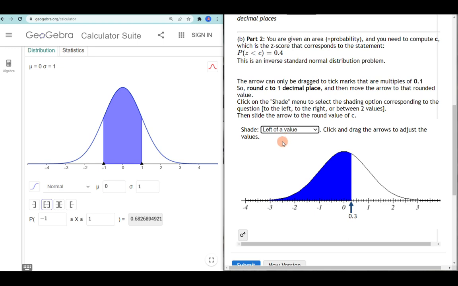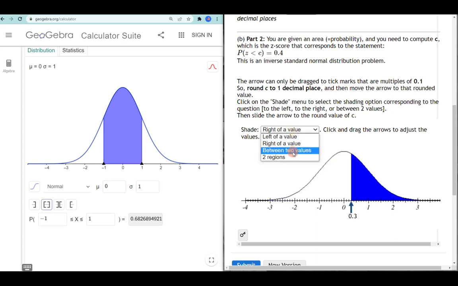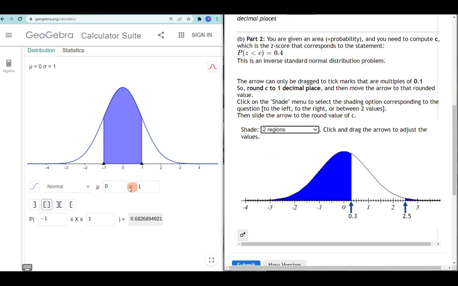Remember, when we're working with the normal distribution, we have four options. We can shade to the left, we can shade to the right, we can shade between, and we can shade outside. These are these four buttons on the probability calculator. So in this case, because I'm interested in z-scores that are less than a given value, remember that this axis is describing the z-scores.